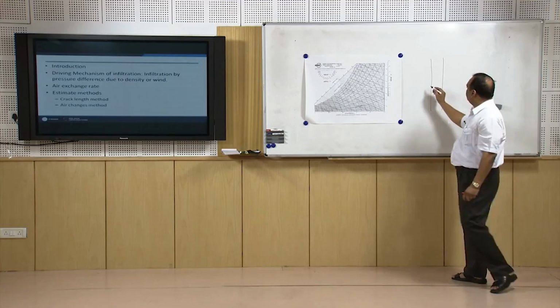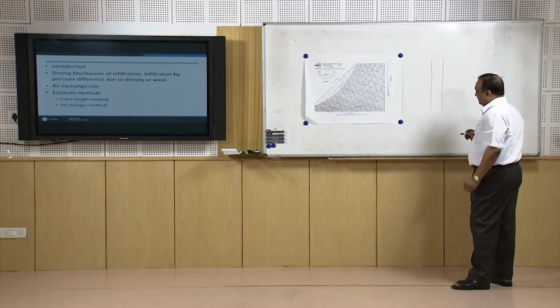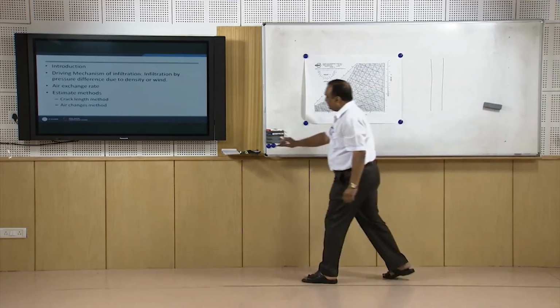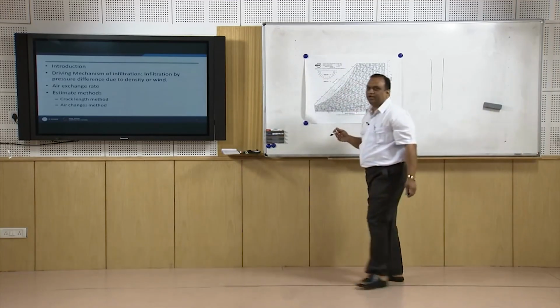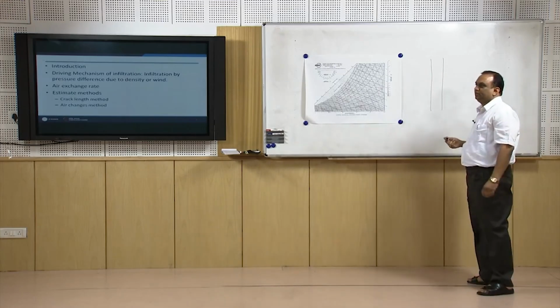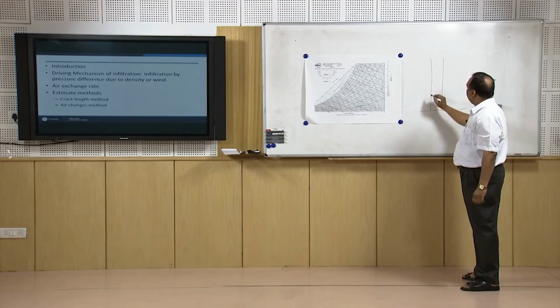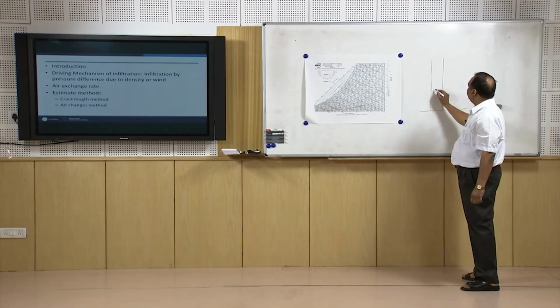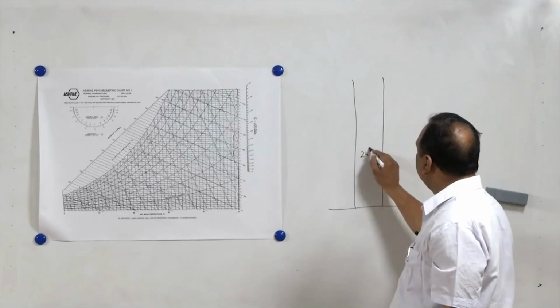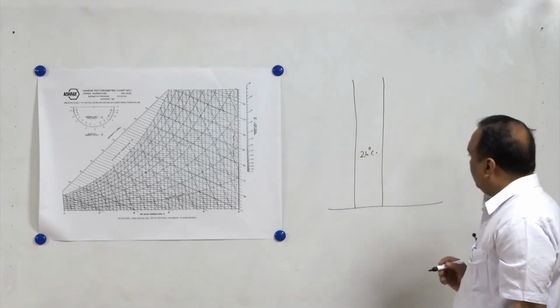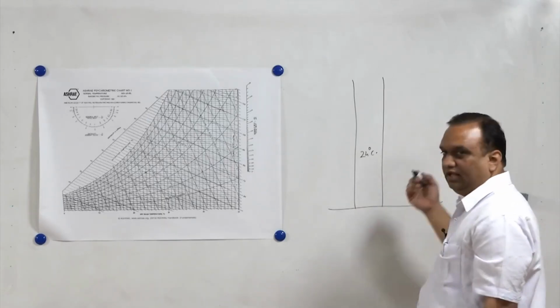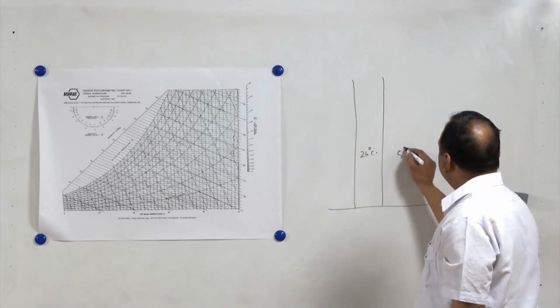It has a certain height, and for example, let us take the example of winters. In winters, we are maintaining inside temperature 24 degrees centigrade, right. Outside temperature is, let us say, 5 degrees centigrade.